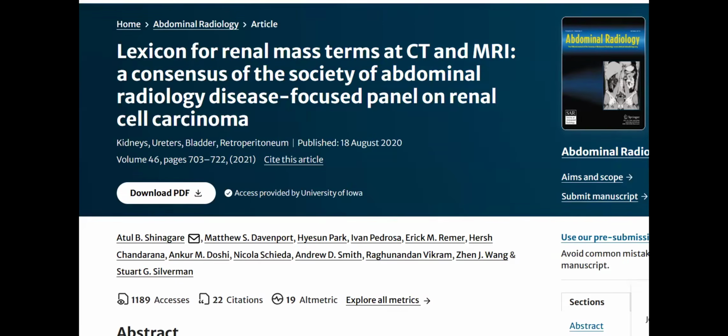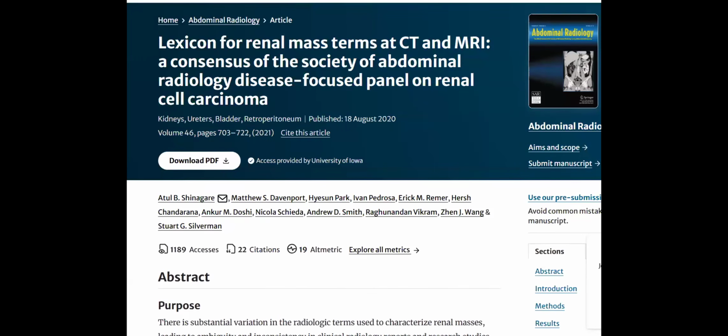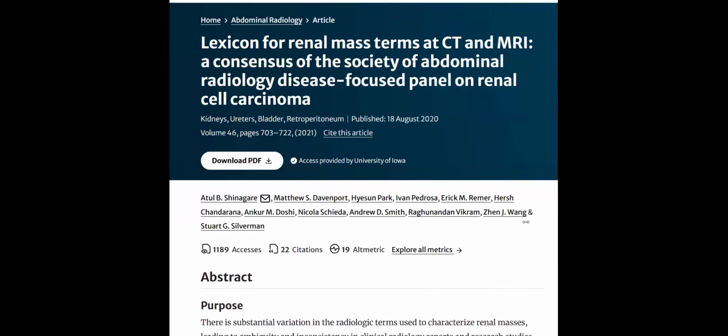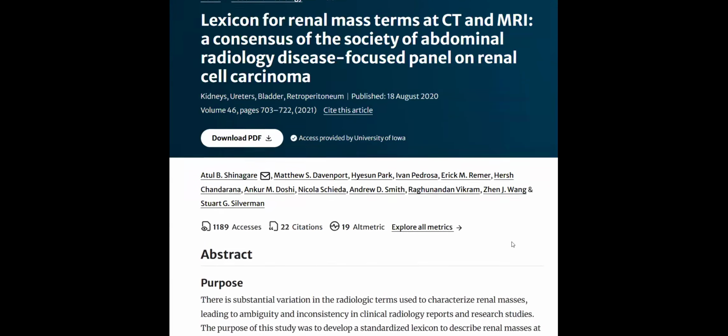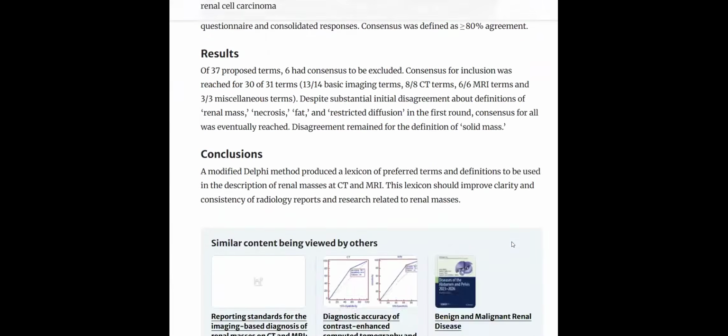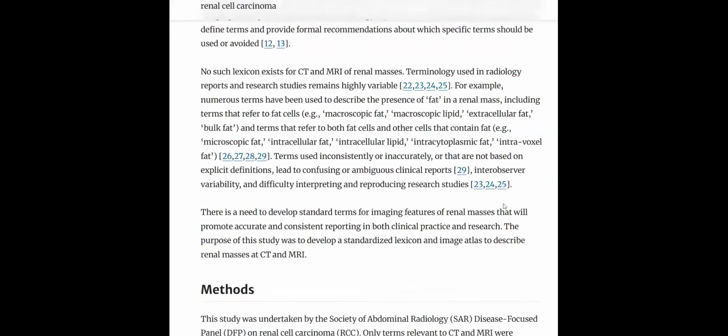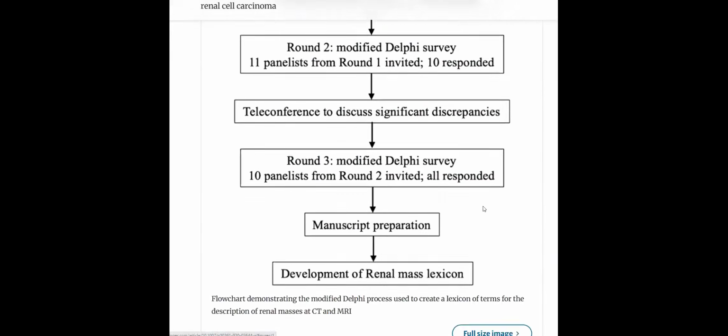That's the paper I was talking about for renal masses. This is the lexicon from the Society of Abdominal Radiology, published in 2021. And they do have a table where they talk about all the descriptors for renal masses.